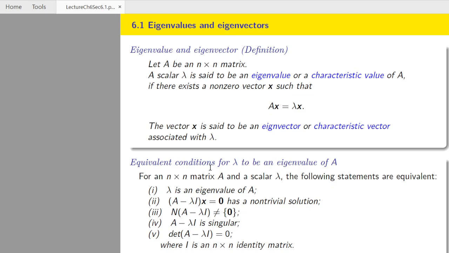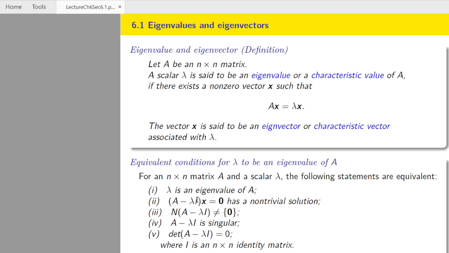Here are 5 equivalent statements for a square matrix A and a scalar lambda. The first statement says lambda is an eigenvalue of the matrix A. The second statement is the system (A minus lambda I)x equals 0 has a non-trivial solution.